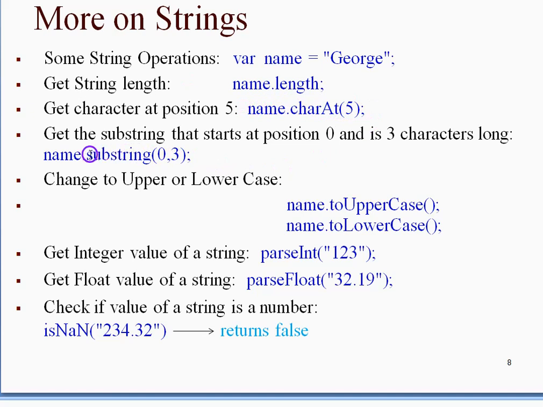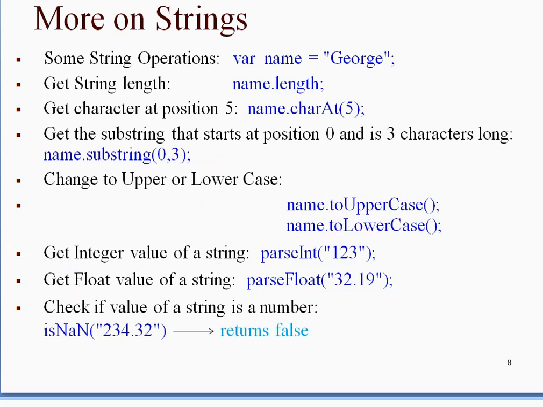Or you can extract a substring from the whole variable by indicating the positions from within which you would like to extract the substring. You can also change to upper or lower case by using toUpperCase or toLowerCase functions.